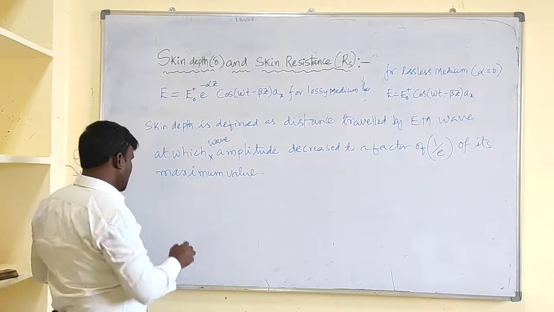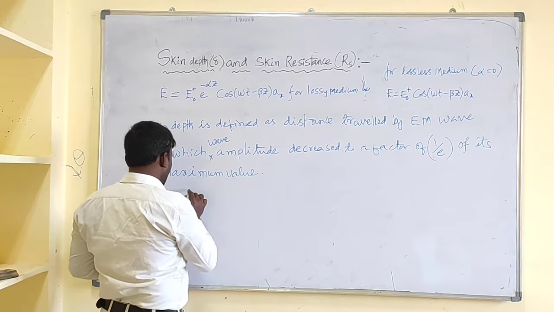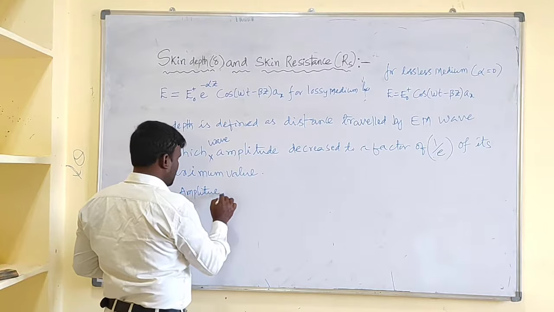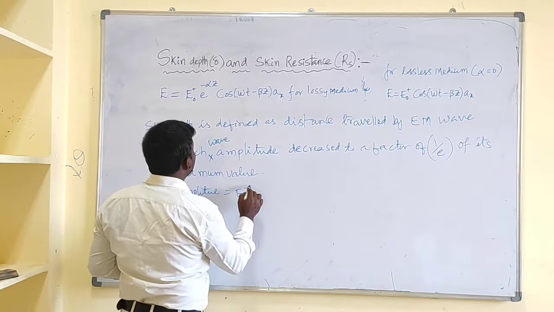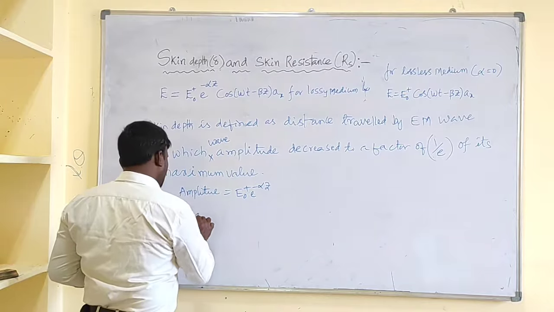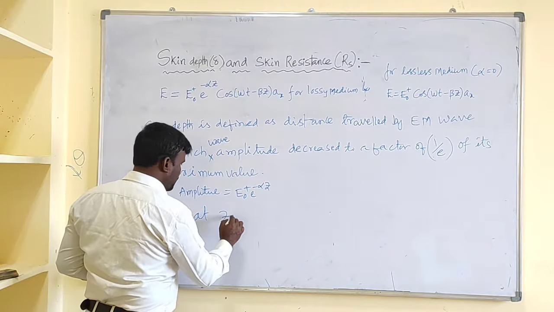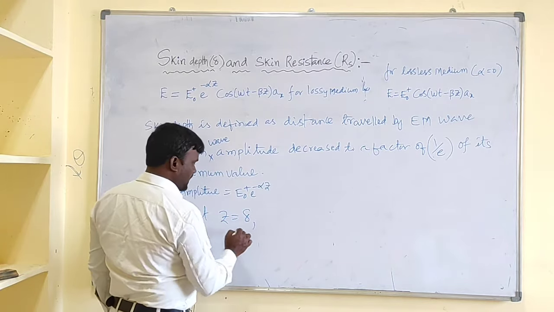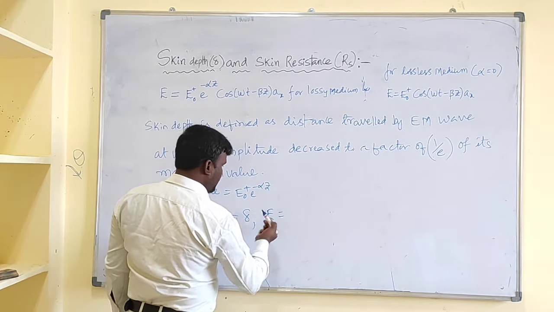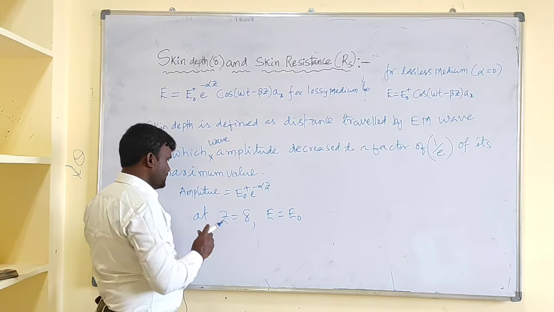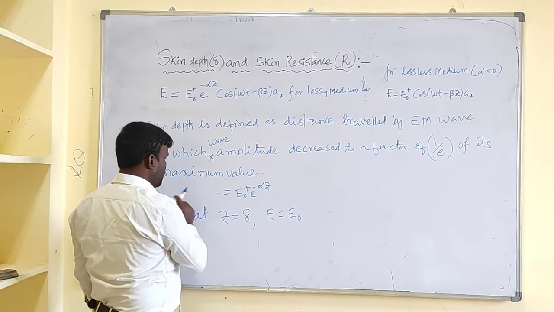Amplitude of E is given by E naught plus e to the power minus alpha z, where z is equal to skin depth. The skin depth is represented by delta. At z equal to delta, E becomes what? E naught.